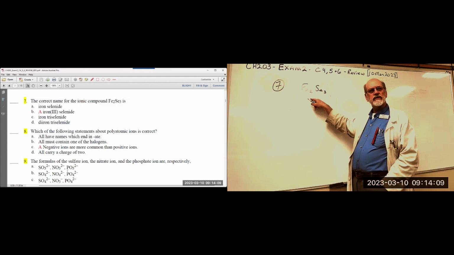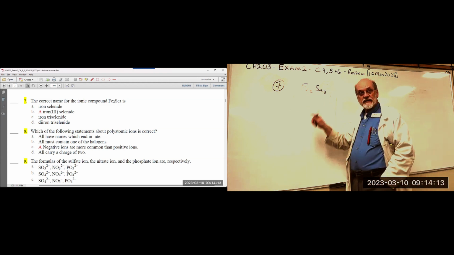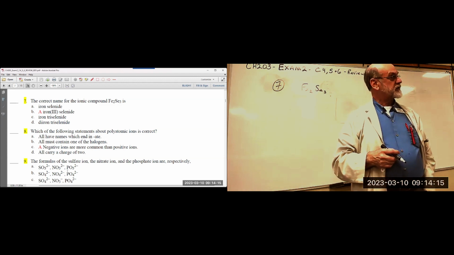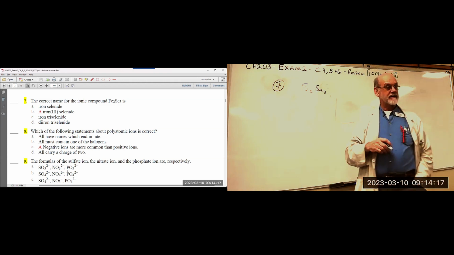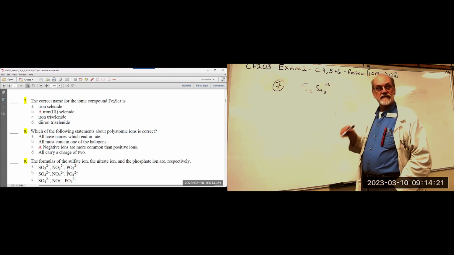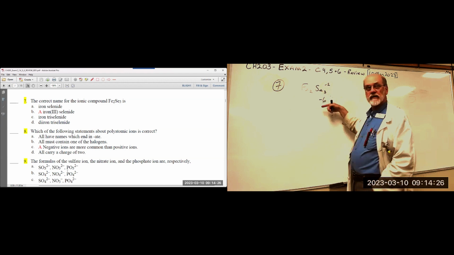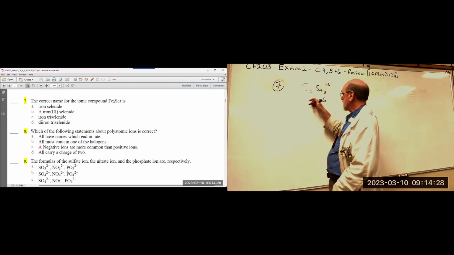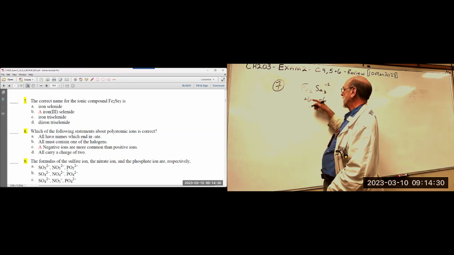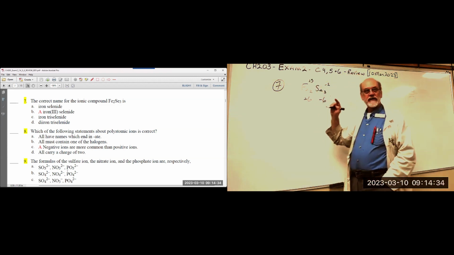That means we have to deduce what the charge is. So we go to selenium and ask, where's selenium? It's in oxygen's group. It's a chalcogen. So it's going to be -2. So we have -6 total for the nonmetal. That means we have to have a +6 for the metal, and each one has to be a +3 to make that total charge.